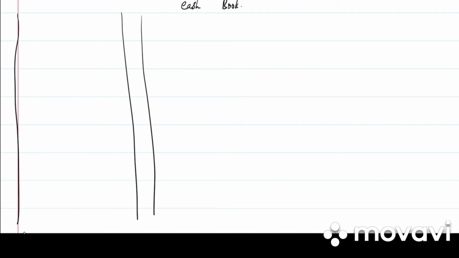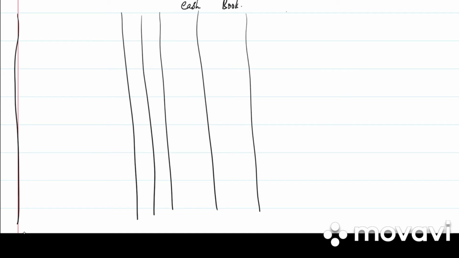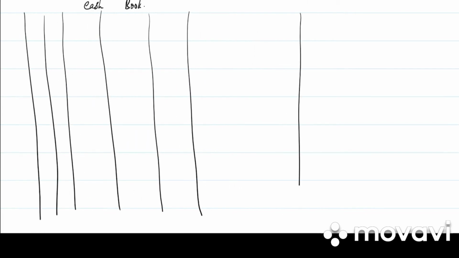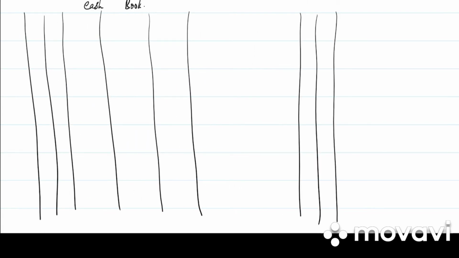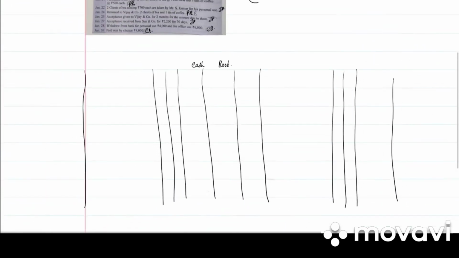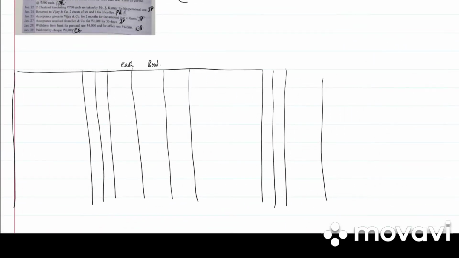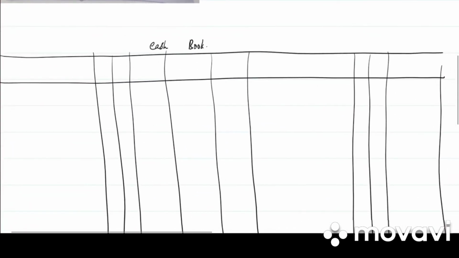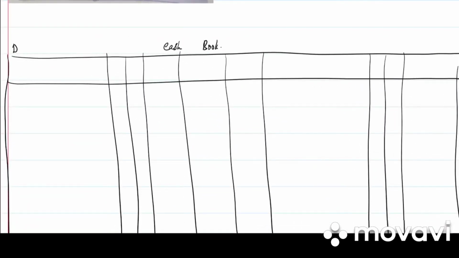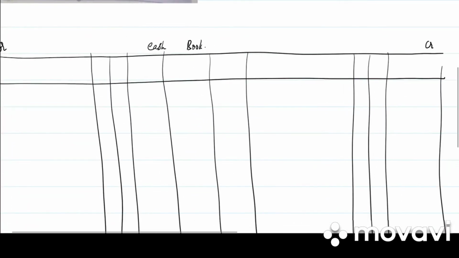So we have date, receipts, LF, voucher number, cash, bank, date, payment, LF, voucher number, cash and bank. So we have debit side and credit side.